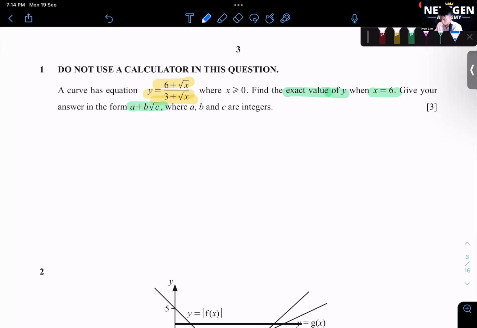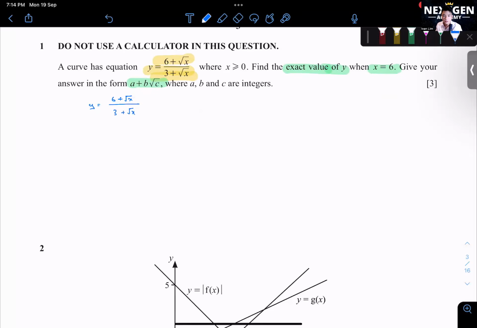Let's just write the question first. Anyone don't know what rationalizing is? So we have 6 plus root x over 3 plus root x. My top and bottom, multiply by the conjugate, 3 minus root x. Because 3 plus root x times 3 minus root x, the concept is (a plus b)(a minus b) equals a squared minus b squared. This is in your maths paper also, for those of you taking maths.